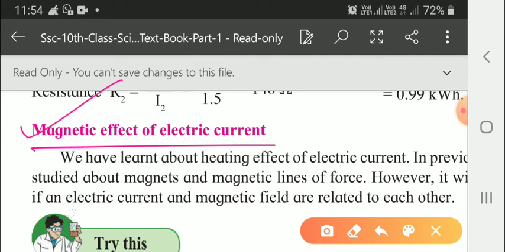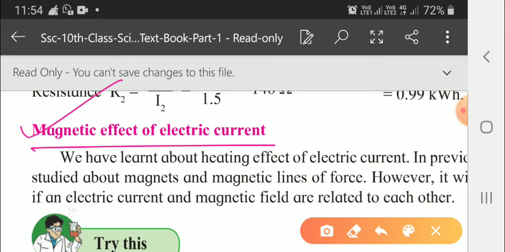So far we have seen the heating effect of electric current. Now we will see about magnet and magnetic lines of force, and how the electric current and magnetic fields are related to each other.